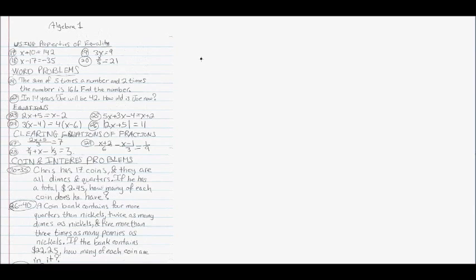The sum of 5 times a number and 2 times the number is 161. Find the number.